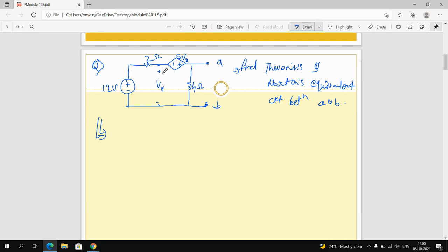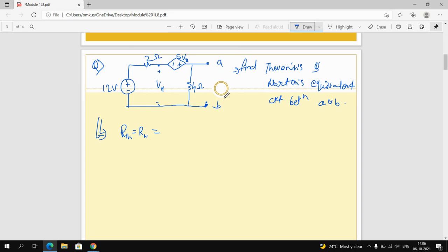Now see, this is a type 2 question. Here both independent and dependent sources are present. So in a type 2 question, we need to find RTH or RN, the Thevenin's resistance or Norton's resistance. How to find it? You have to open circuit the target terminal and short circuit the target terminal. Means you need to find the open circuit voltage and short circuit current of the target terminal.